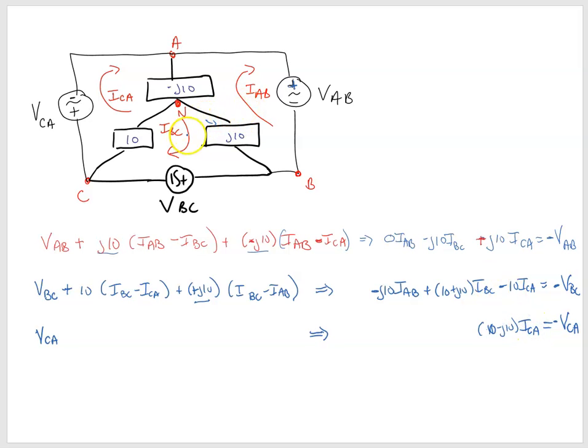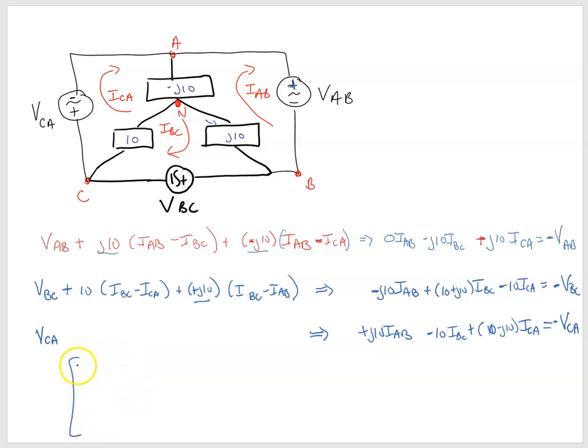We've got IBC flowing through the opposite direction through 10, so we got negative 10 IBC, and then we have our IAB flowing in the opposite direction through negative J10. So we have a negative of negative J10, so we get positive J10 IAB.